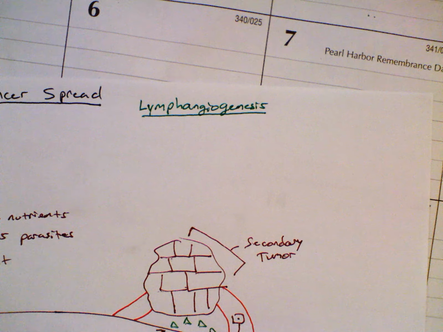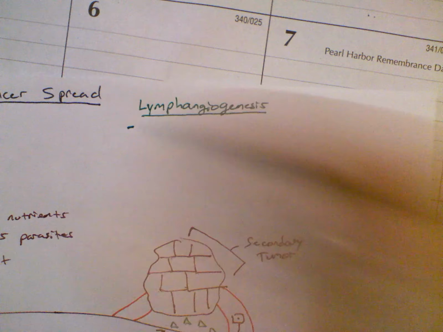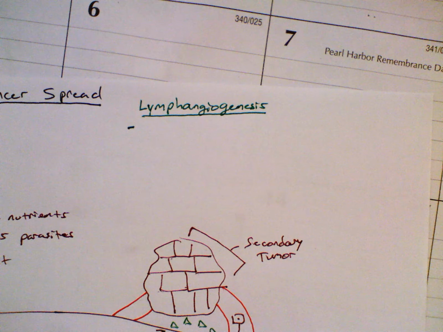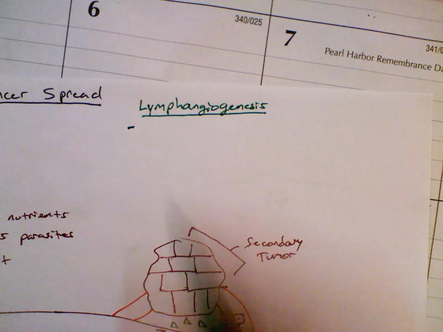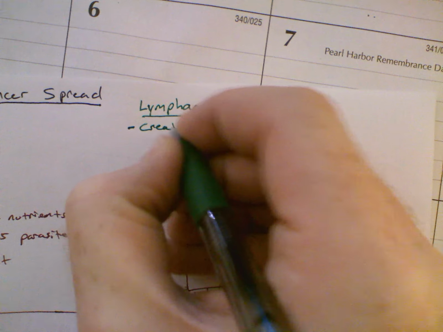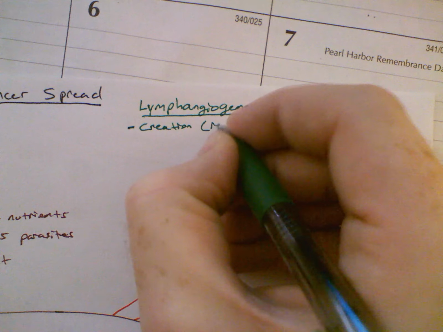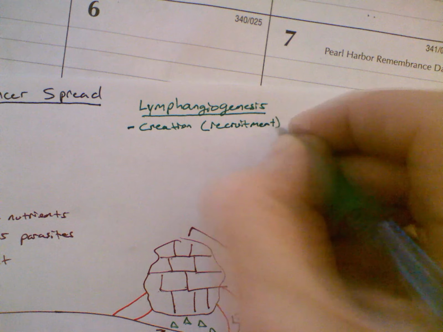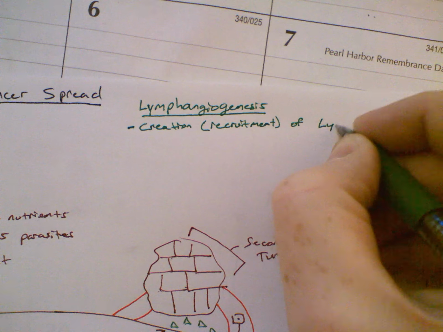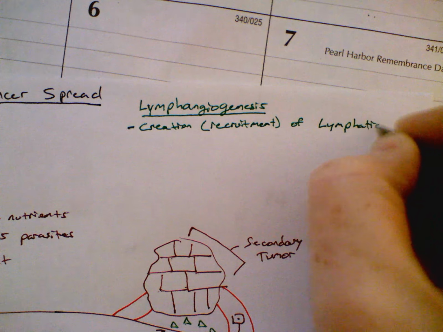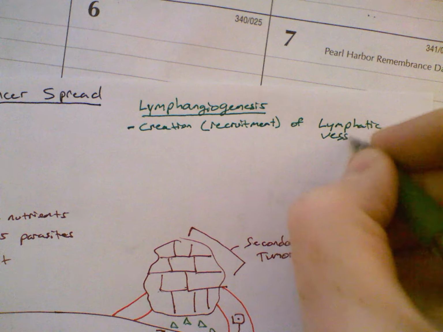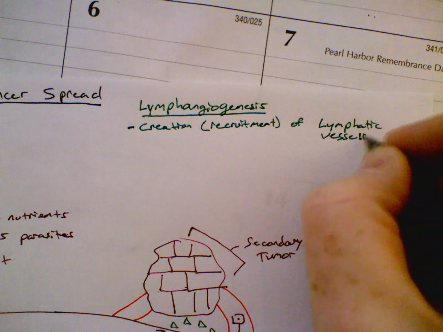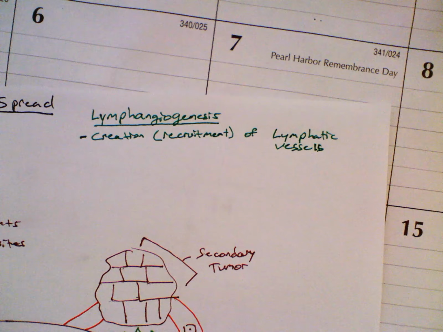So if cancerous cells enter your lymphatic system, then we can have the exact same process occur just within the lymphatic system. So here, this would be creation or recruitment of lymphatic vessels. So maybe we have a lymphatic vessel right here.